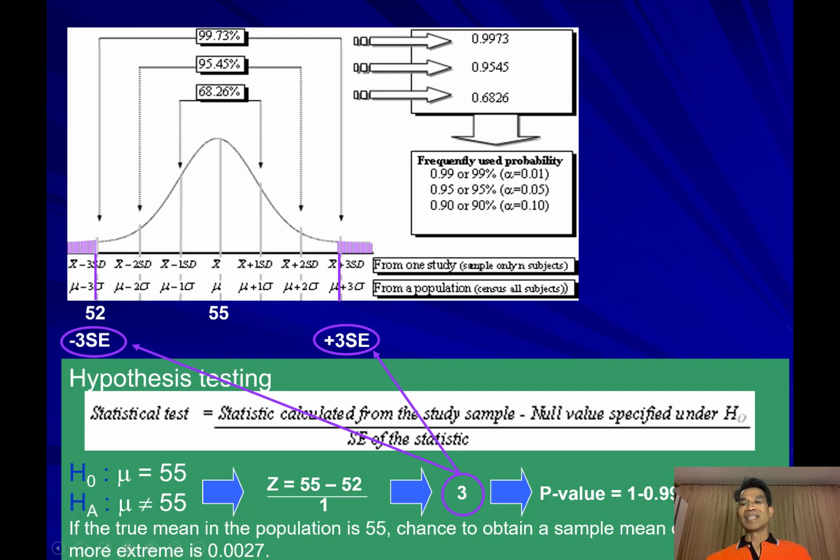It's a very small probability, about 0.0027. What does it mean? It means it's a very rare chance. Then we can say what we found belongs to another population, not the population with the mu of 55.